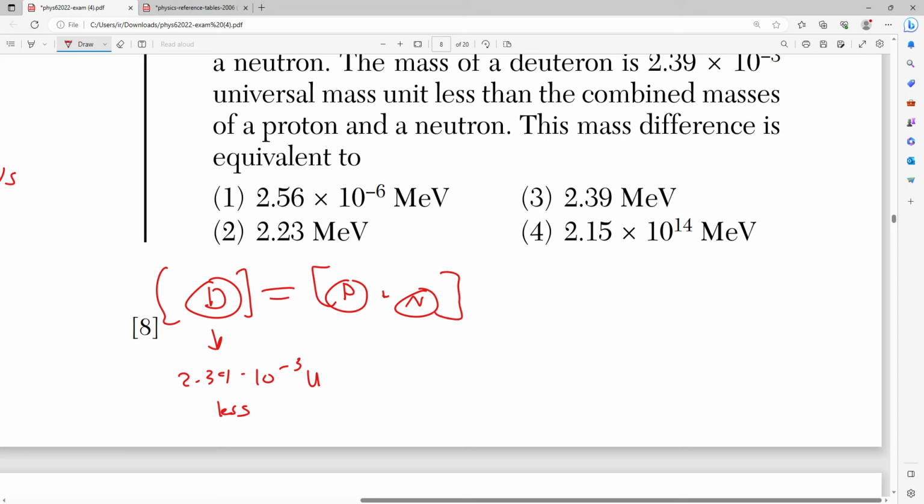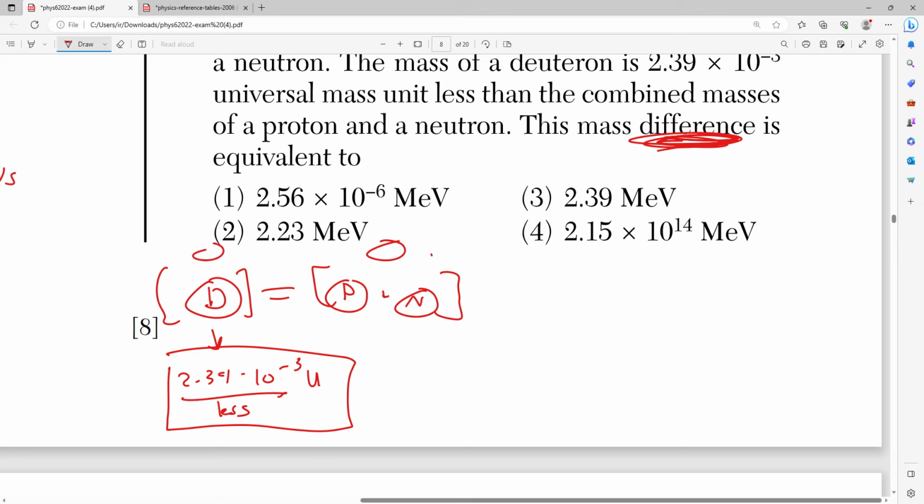Why? Because whenever you form a bond, or whenever two things come together, you need energy. So some mass is lost in the form of energy. Now they're asking us about this mass difference. Think about it, this is the difference of mass. If something is X amount less, then the difference between this and this is exactly that.